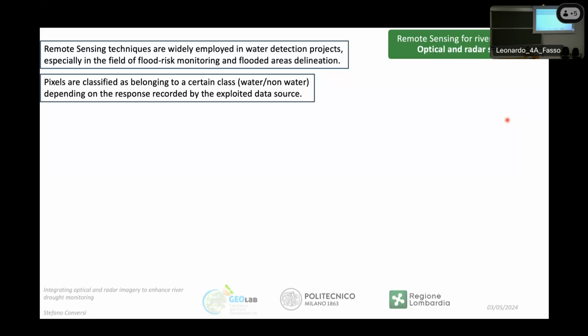So how can we detect water? Obviously through a sort of pixel classification. We are dealing with images, so each pixel has its own value, and this value has a specific meaning depending on the kind of instrument, and so we can try to classify each pixel for understanding if it belongs to a water class or not.